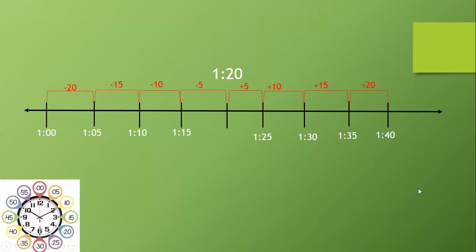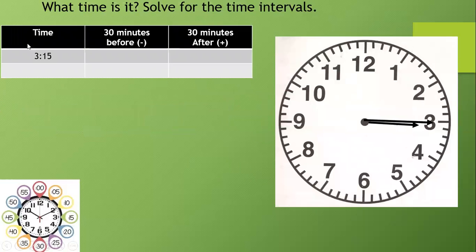Let's look at another problem. Here, boys and girls, we're starting at 3:15, and we want to know the time 30 minutes before and 30 minutes after. Once again I'm going to start with after, going clockwise.